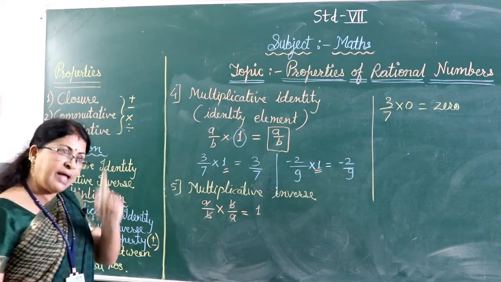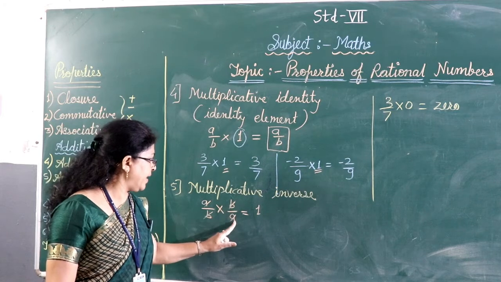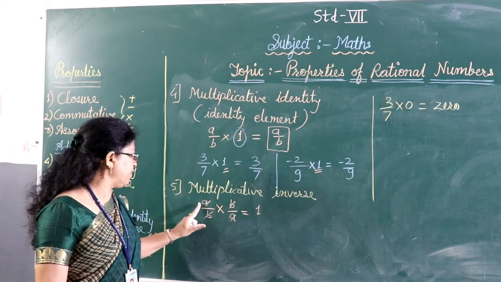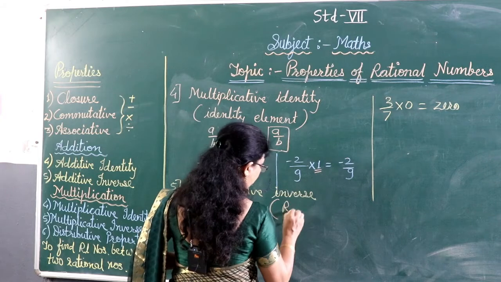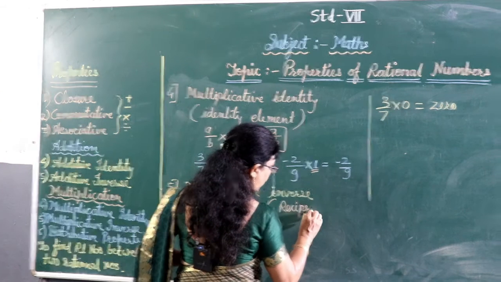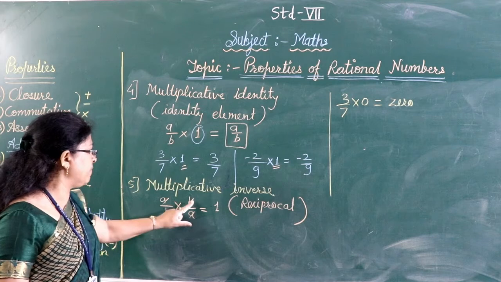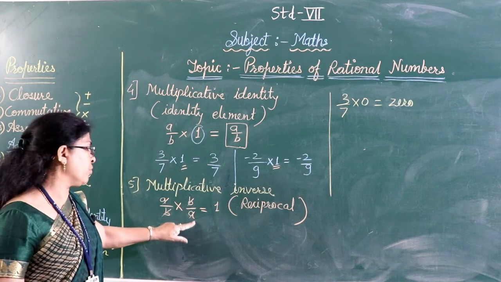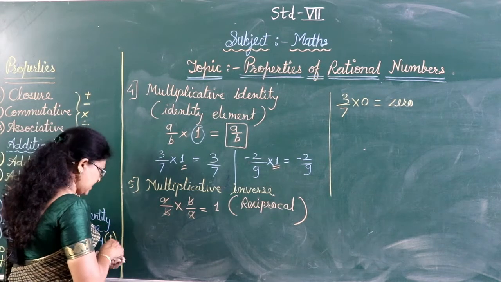Then we say that a by b is the multiplicative inverse of b by a, and b by a is the multiplicative inverse of a by b. Its other name is reciprocal. The reciprocal of a by b is b by a, and the reciprocal of b by a is a by b.